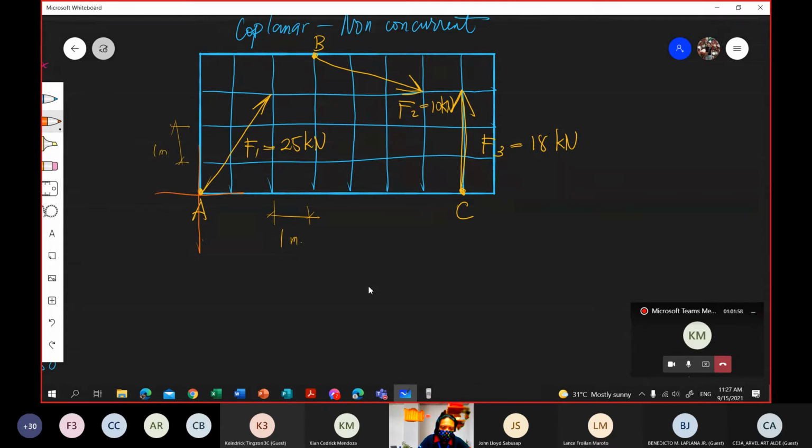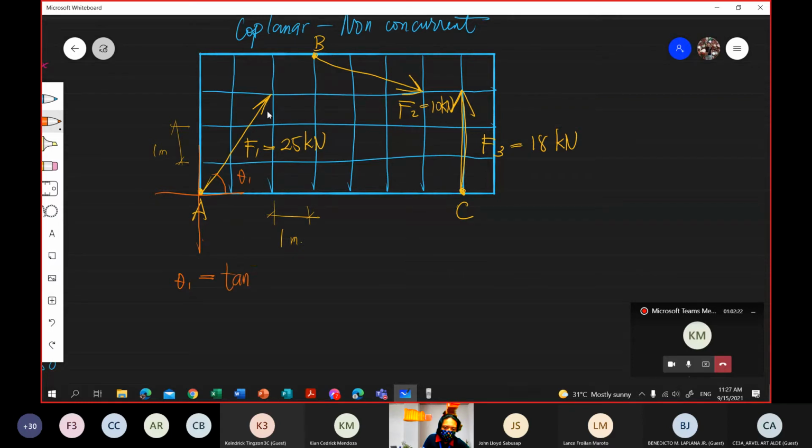The angle you will get is always measured from the positive x-axis. Let's name this theta 1. What's the angle of theta 1?